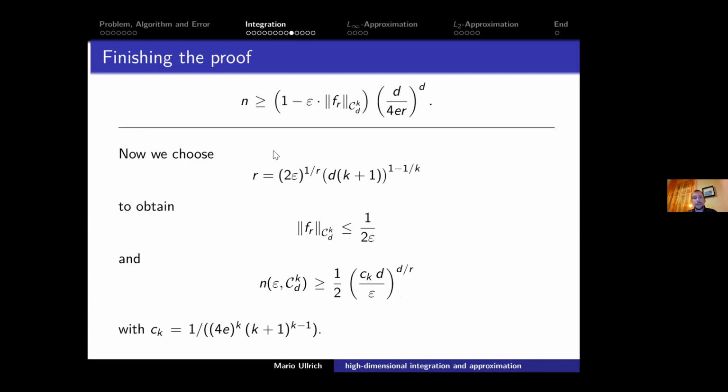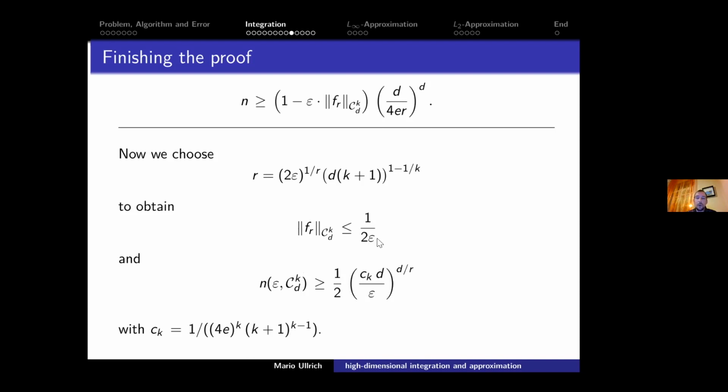This was the radius of the initial function, so the radius where the function is 0 around every point in the beginning. And with this, we just get our lower bound that we wanted. So the number of function evaluations needed is lower bounded by this guy. Even if you take epsilon to be very close to 1, or say take it 1/2, right? No, it must be smaller than 1/2.